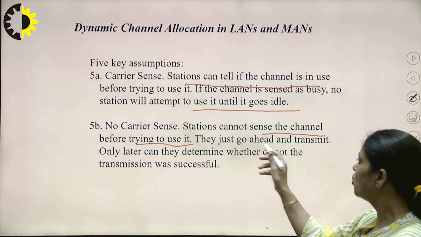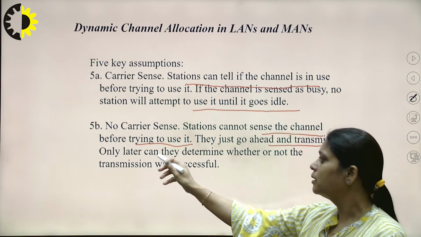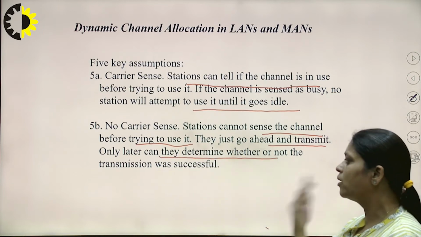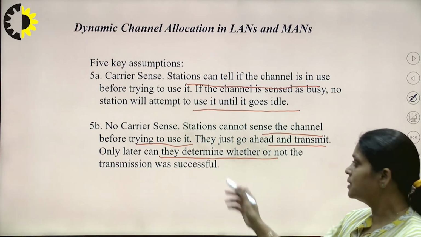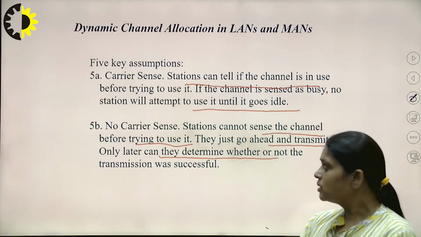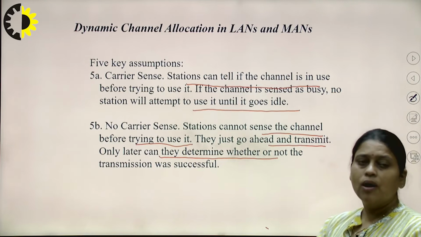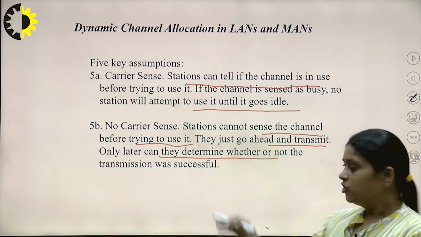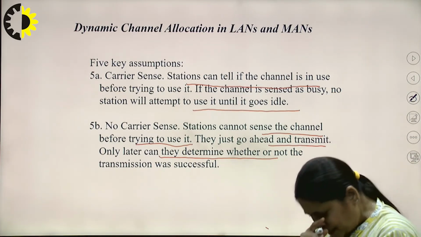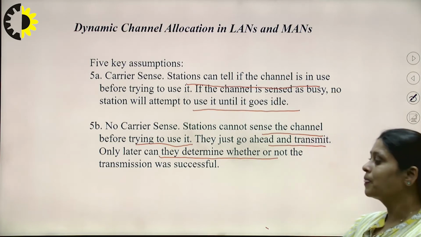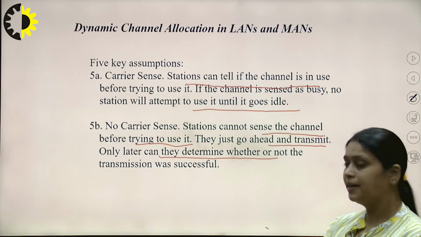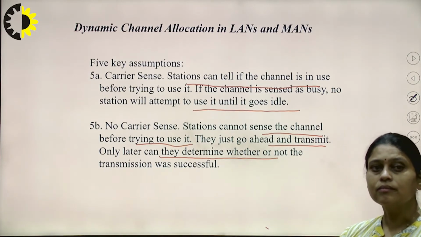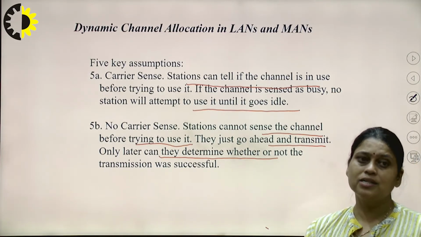They just go ahead and transmit, and only later can determine whether or not the transmission was successful. So in this second case, no station worries about the channel. In this method, all these stations send the data without knowing whether the channel is busy or not.